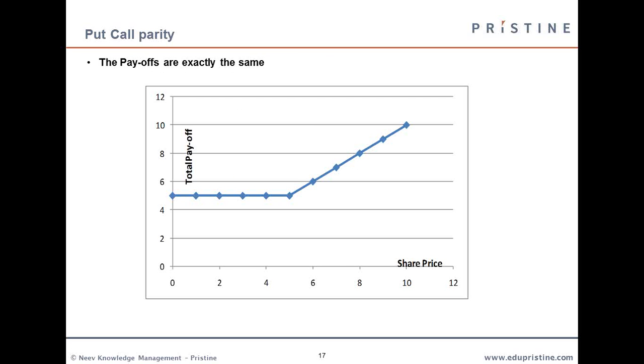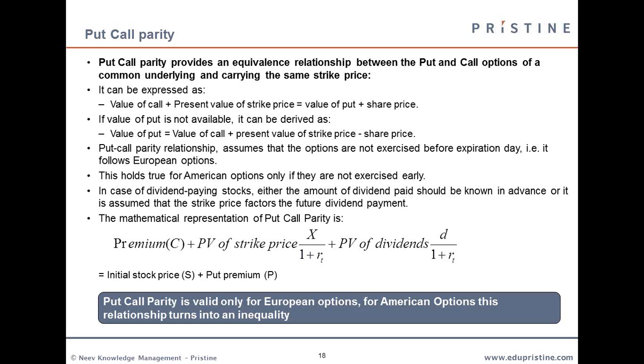So the payoffs are exactly the same in both the portfolios. So the law of one price, what it says is, if the payoff is same, the price should also be the same. Thus, we use the put call parity to get a relationship to determine the prices of call and put options.